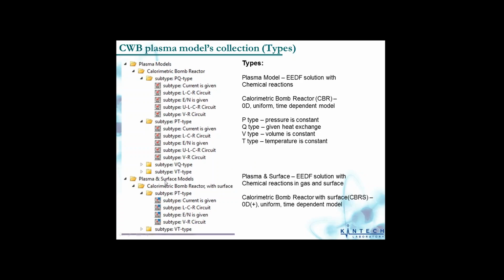Also, here you see another set of plasma models with the surface. These models are very similar to the previous ones, but the additional possibility taken into account here is the reaction between the gas species and the surface, and reactions of the species on the surface.